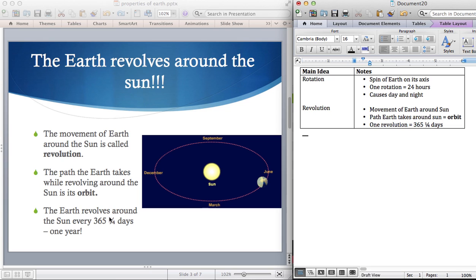And so every 4 years we add an extra day to make up for those quarter days that have been adding up each year that we haven't taken into account. If we didn't do that, the calendar would slowly shift off by a quarter day every year, and that would add up, and eventually we would have summer in December because the calendar would get shifted off from what we normally think of it as. So, kind of cool little fact.